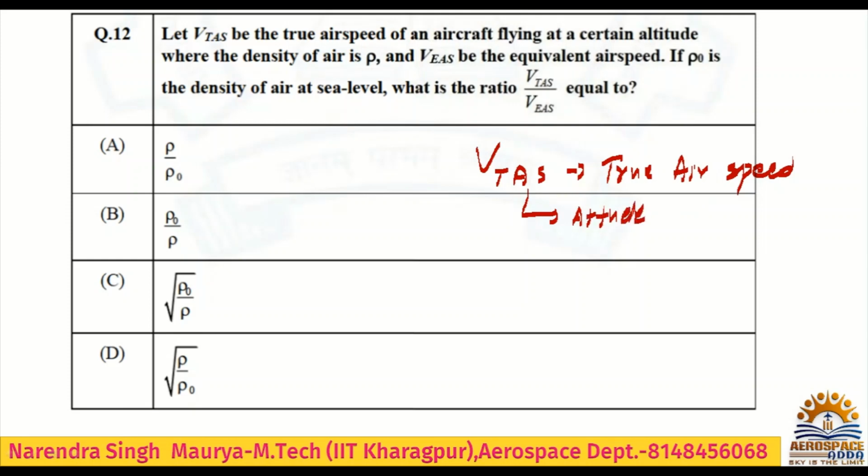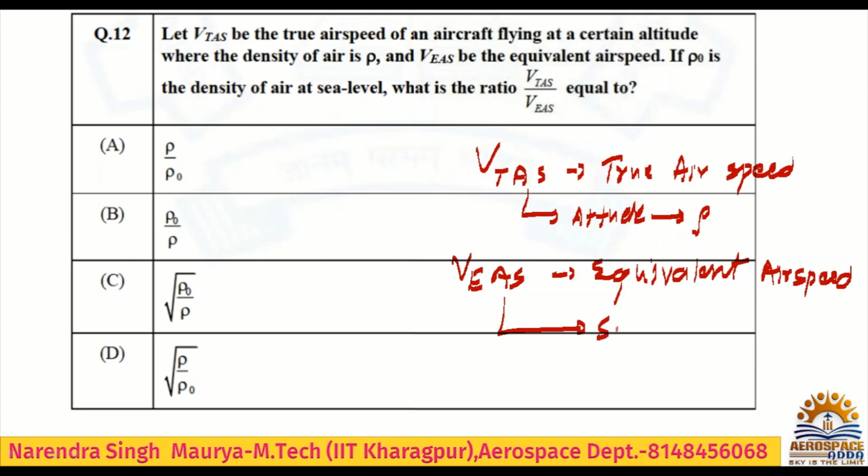Obviously, I will give the graph also for this. The density of air at this altitude is given as rho, and VEAS, see the name, is nothing but equivalent airspeed. If rho naught is the density, this equivalent airspeed is always measured at sea level, and the density at sea level is given as rho naught.